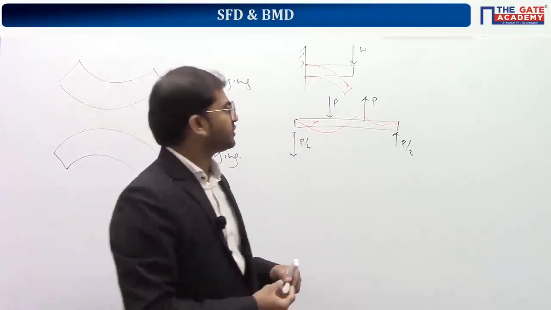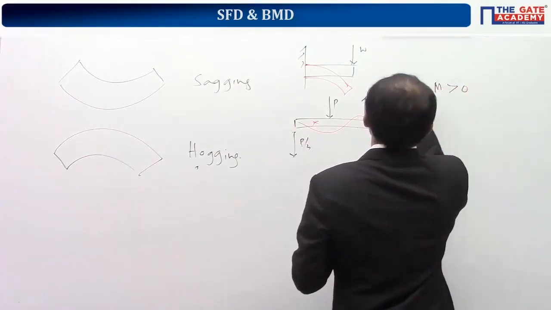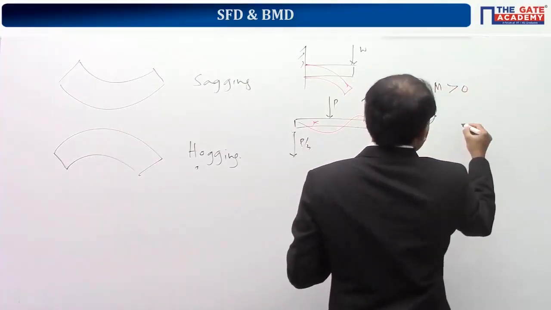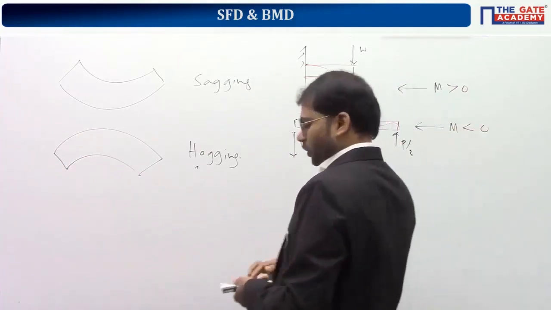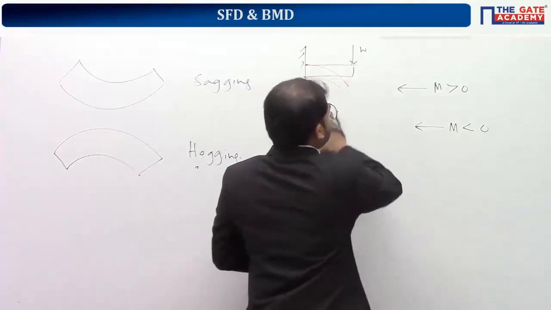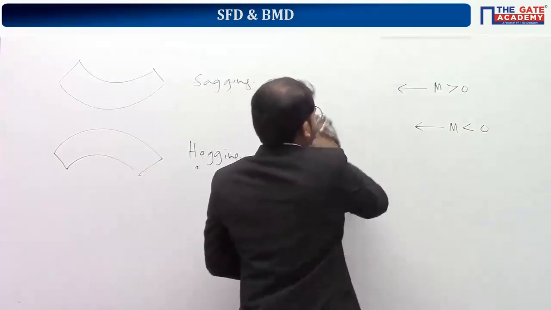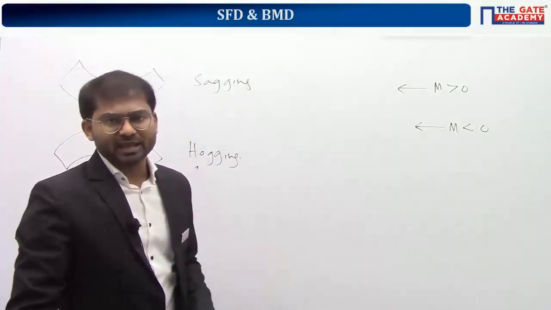According to our sign convention, if the bending moment is positive, it represents sagging. If the bending moment is negative, it represents hogging. So if your bending moment value in the graph comes out positive, sagging is happening at that location.